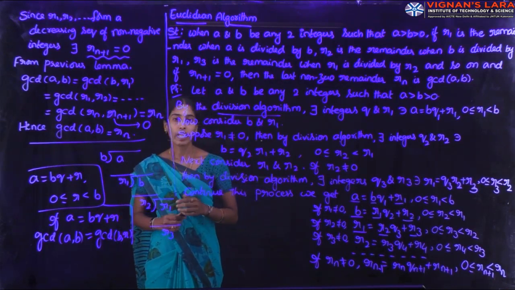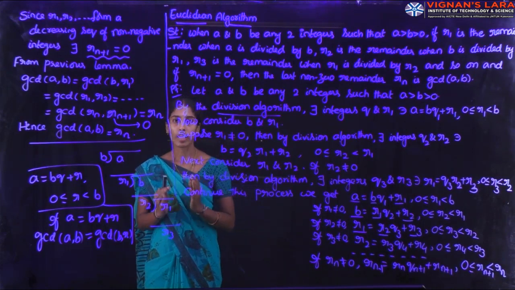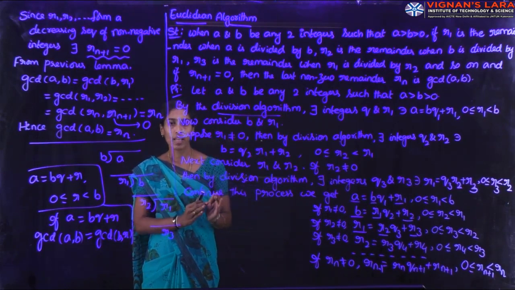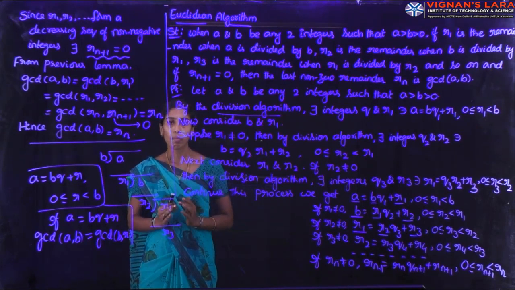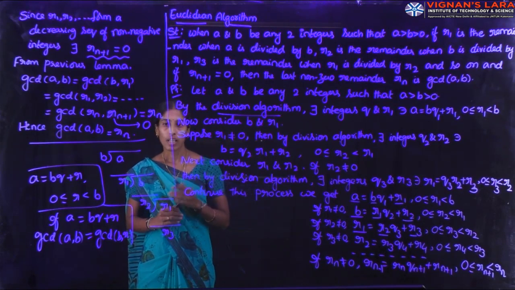This is a very important theorem. Why? Because to calculate the GCD of any two numbers, every time we need to write the set of divisors of A and the set of divisors of B. Suppose A and B are very large numbers, finding the set of divisors of both A and B is difficult. To overcome that, we apply the Euclidean algorithm.